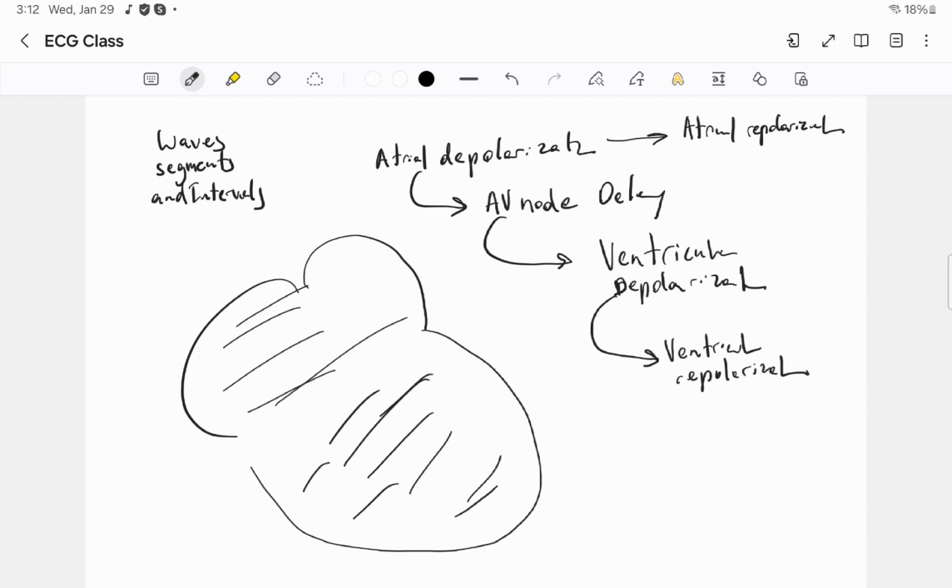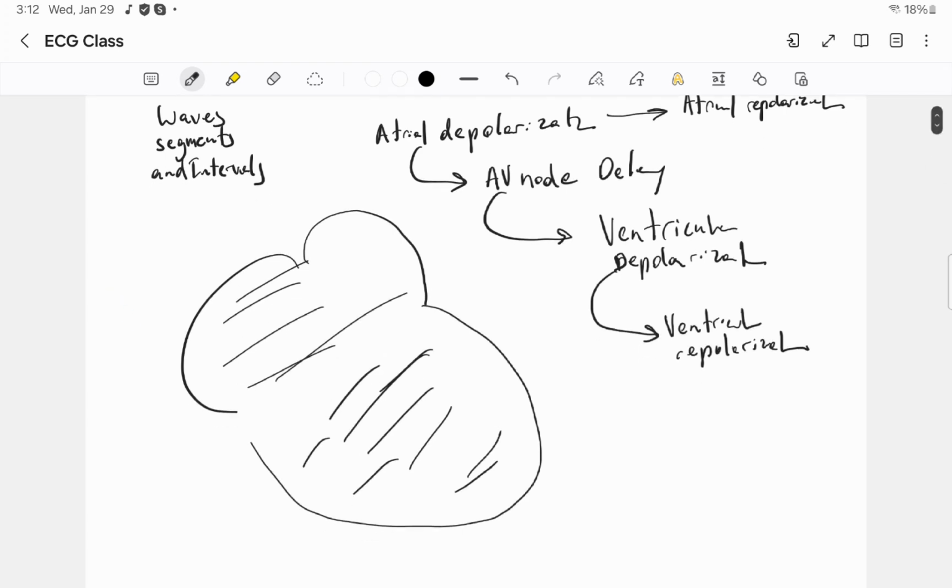Because remember, we said that what the ECG is picking up is mean electrical vectors. So even if the atrium is doing one thing, if the ventricles are doing another, and the ventricles are a large mass of tissue, then the activity of the ventricles will supersede or have a greater impact on the mean electrical vector, and that's what will be reflected on the ECG.